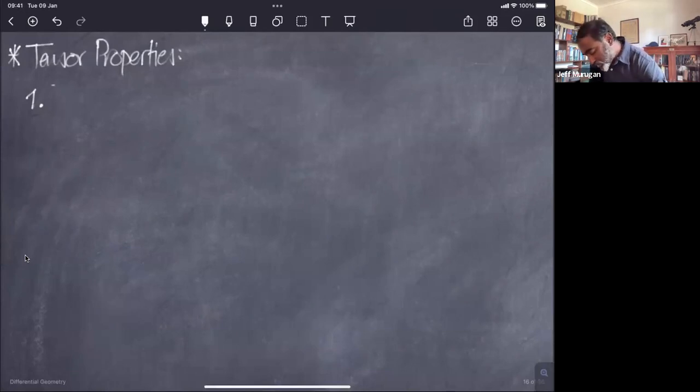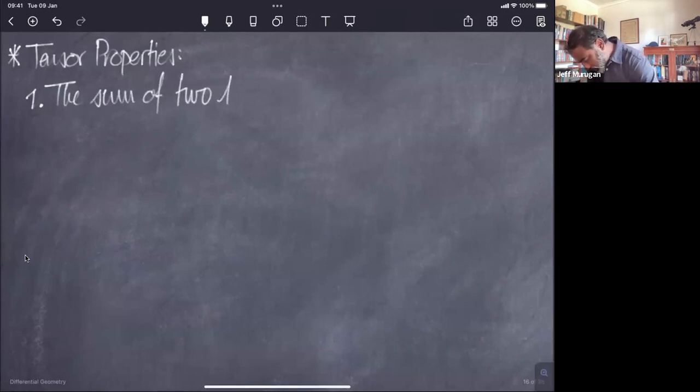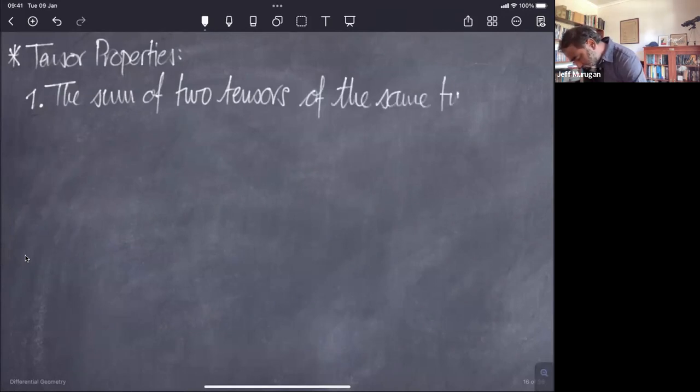So the sum or difference of two tensors of the same type results in another tensor of the same type.